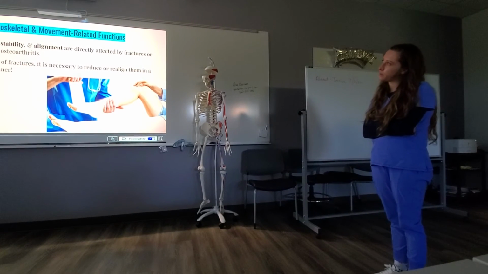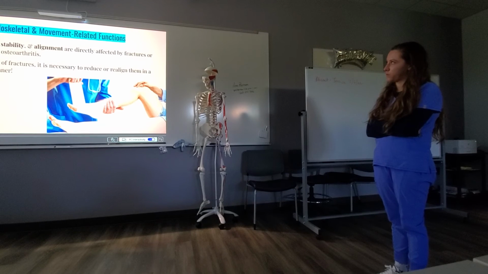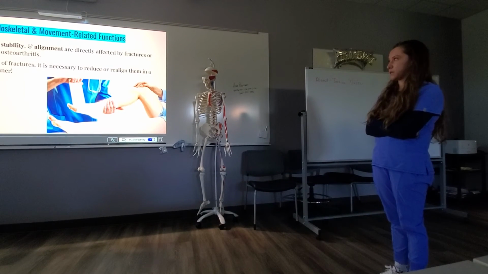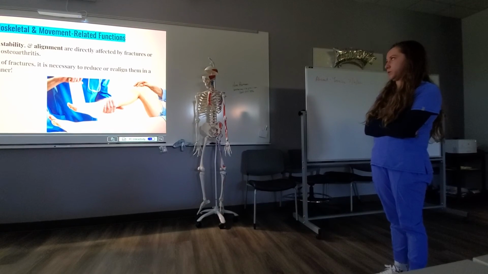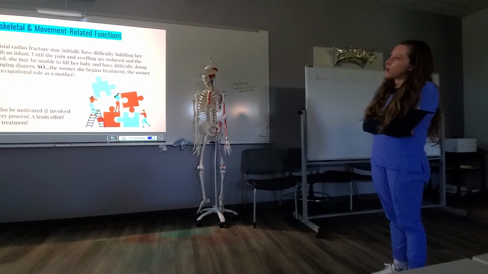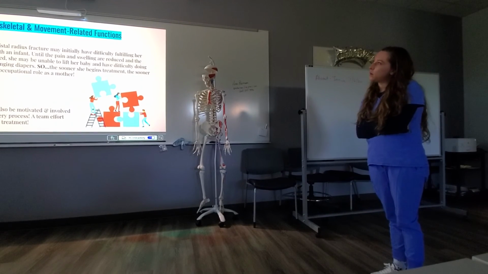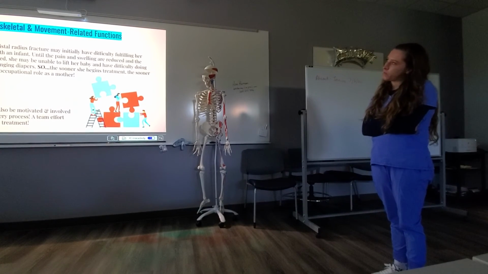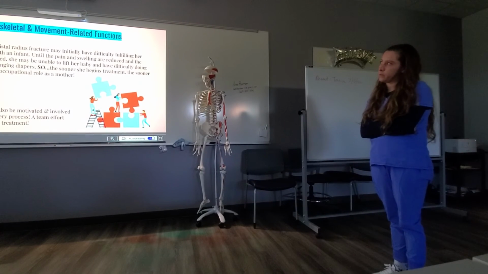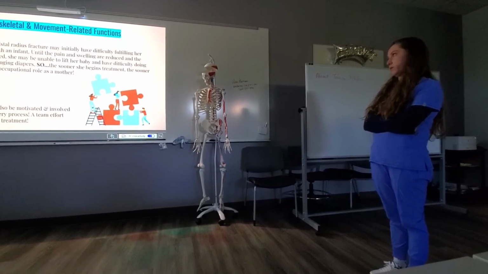Joint mobility, stability, and alignment are directly affected by fractures or conditions like osteoarthritis. So in the case of fractures, it's necessary to reduce or realign them in a timely manner. For example, a woman with a distal radius fracture may initially have difficulty fulfilling her motherly role with an infant until the pain and swelling are reduced and the fracture stabilized.